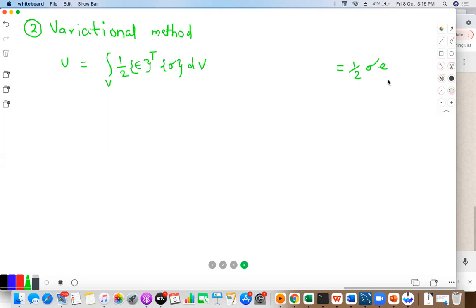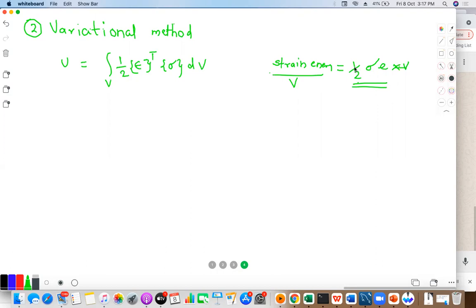This equation may be familiar to you. So that is strain energy, and if I multiply here with volume V, strain energy per unit volume, that is the expression for strain energy per unit volume, right?